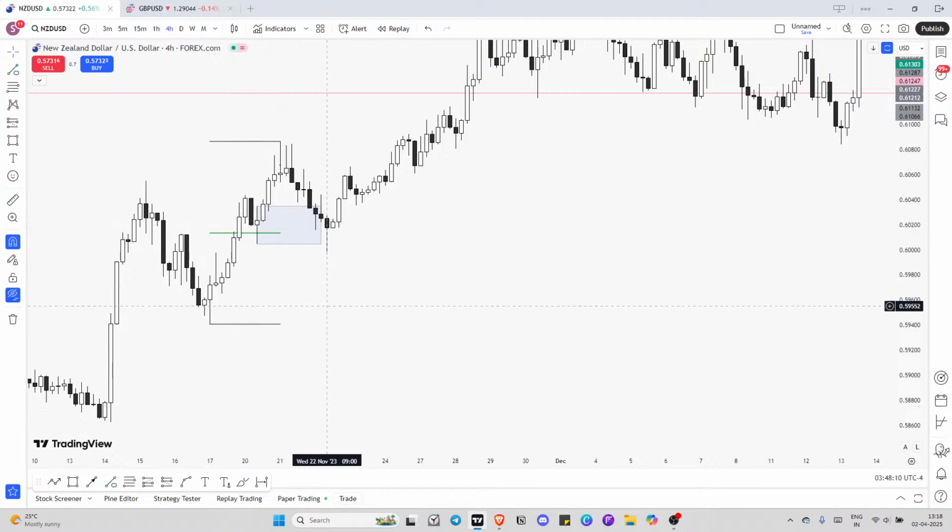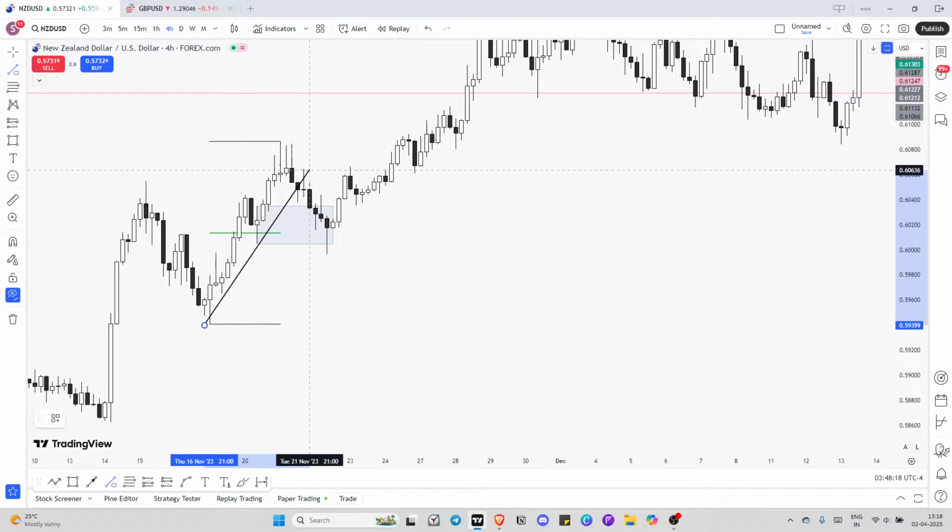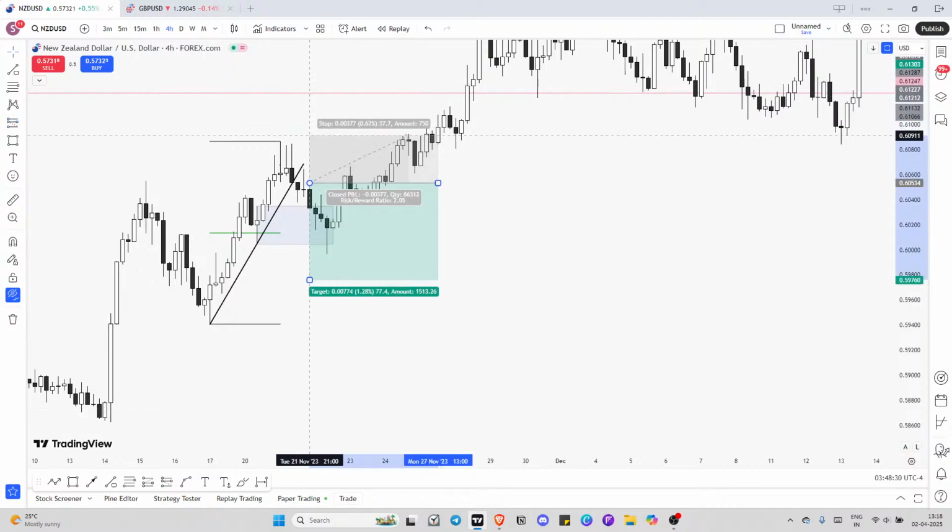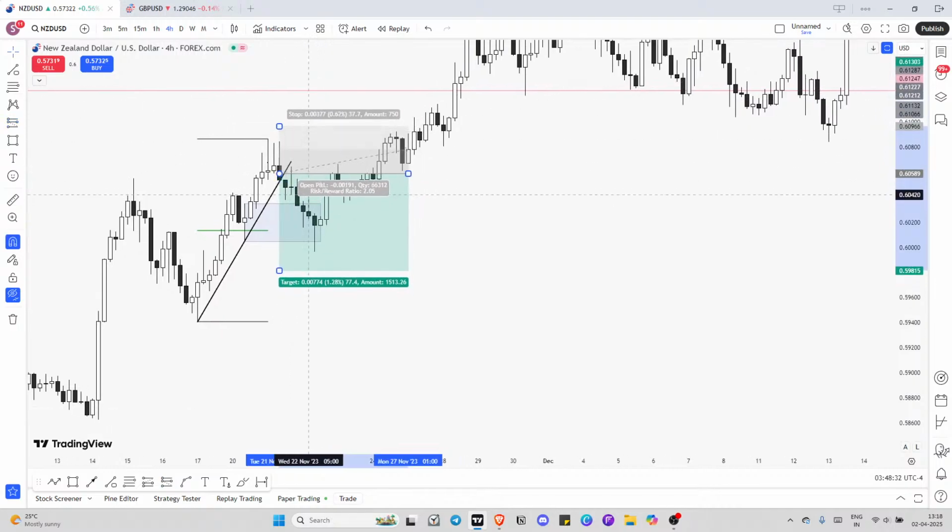But a lot of people will be buying here, and there'll be a lot of people with a trend line breakout. One touch, two touch, and third touch, when it breaks, they will sell here, right? They will sell here. So we have liquidity in the form of a trend line.